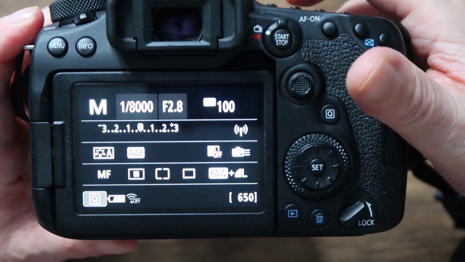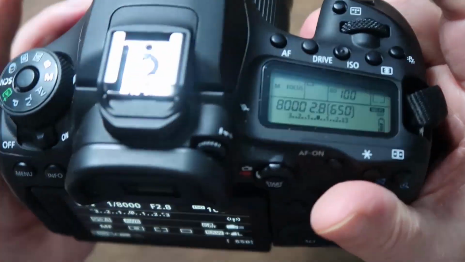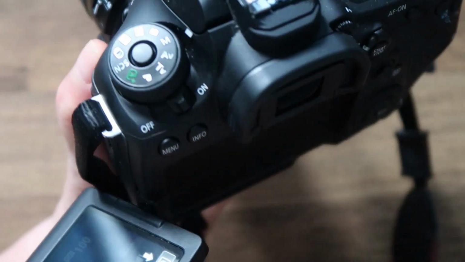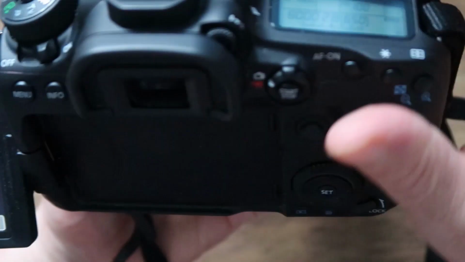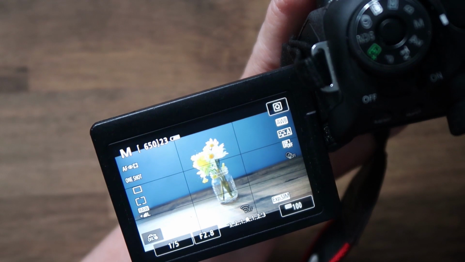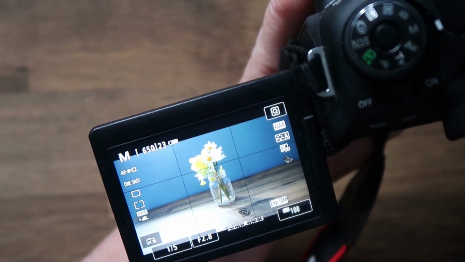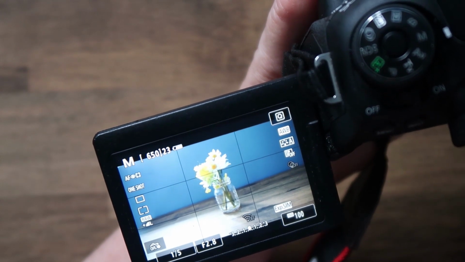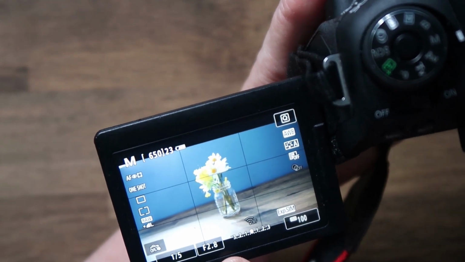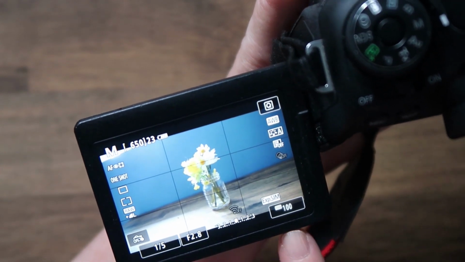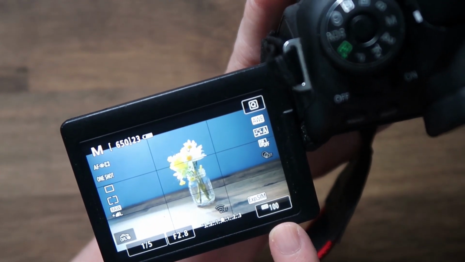So for example, if I was going to take an image, let's just pull this screen out so you can see what I'm doing. You can see I've got those flowers in focus there, and I've got my aperture at 2.8, and the shutter speed at 1/5 of a second, and the ISO is 100.